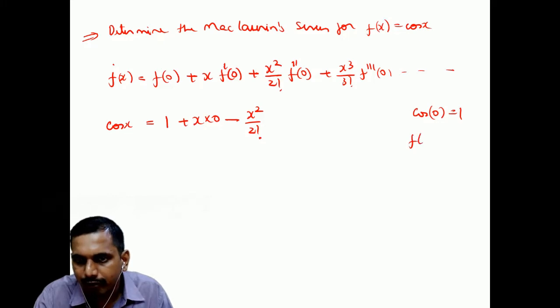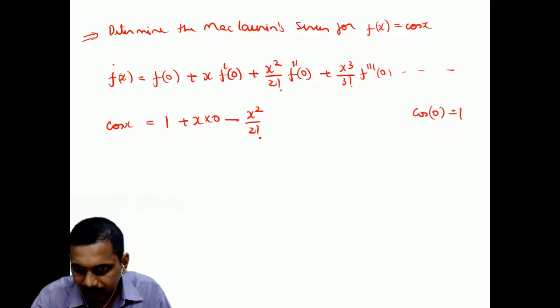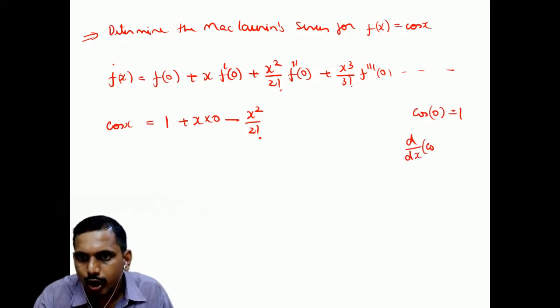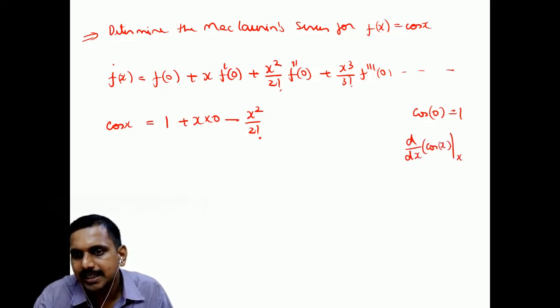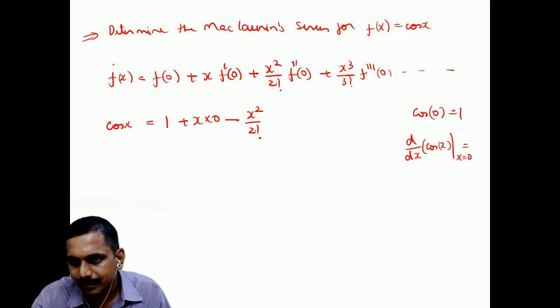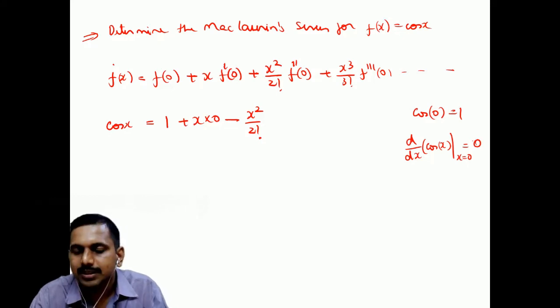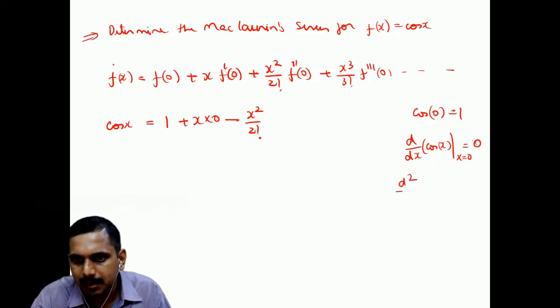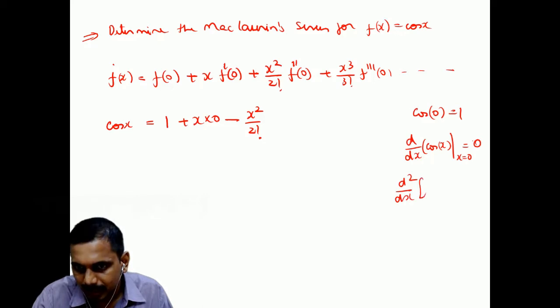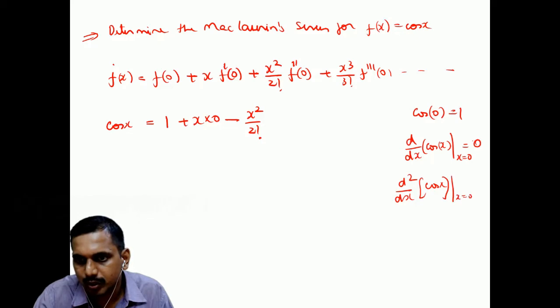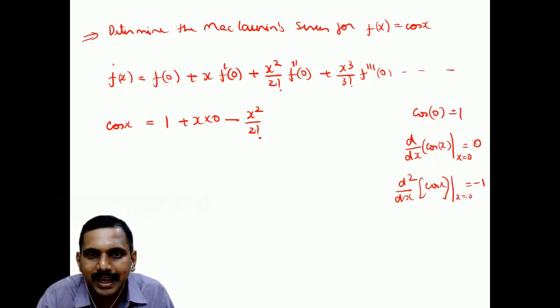The derivative d by dx of cos x at x is equal to 0 is 0, because it's sine. Similarly, the second derivative of cos x at x is equal to 0 is equal to minus 1. So like that it goes.